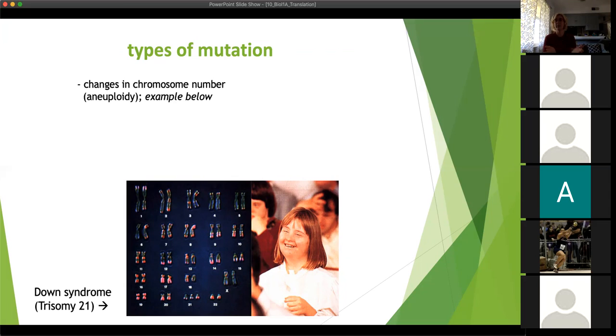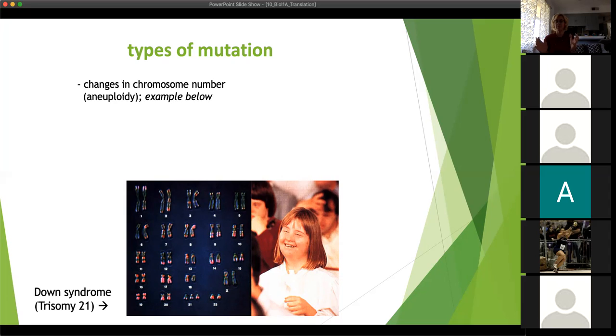We have 23 different pairs, and those pairs are numbered 1 through 22. And then the final pair, that 23rd pair, is the sex chromosomes. So you can have individuals with 2 X's or individuals with an X and a Y. And that is the standard number of chromosomes.